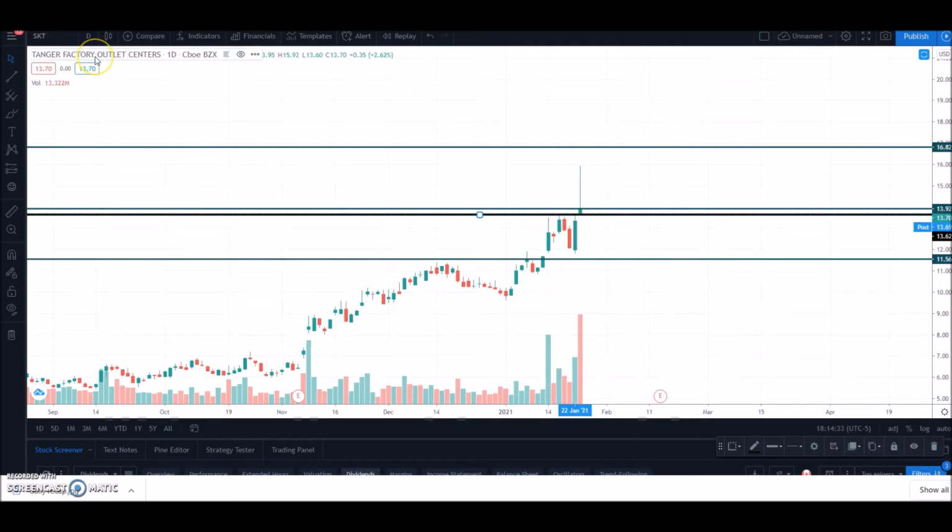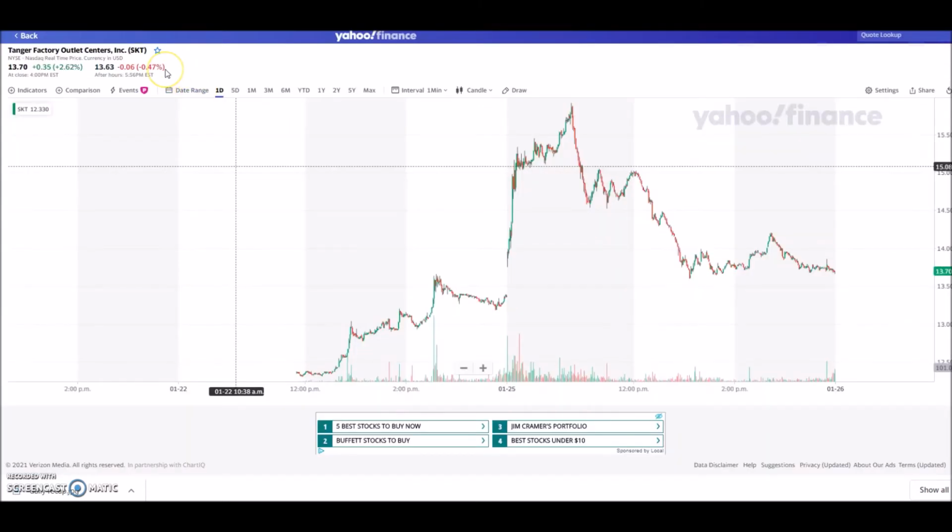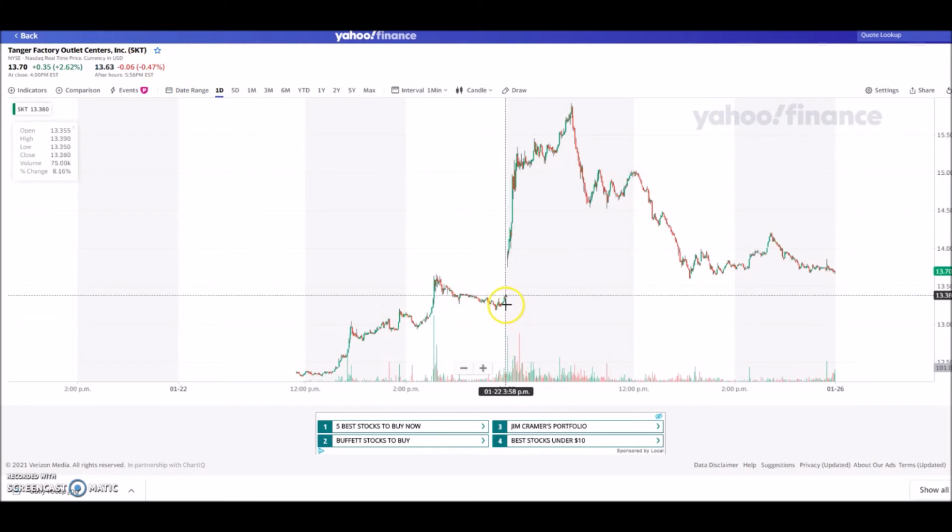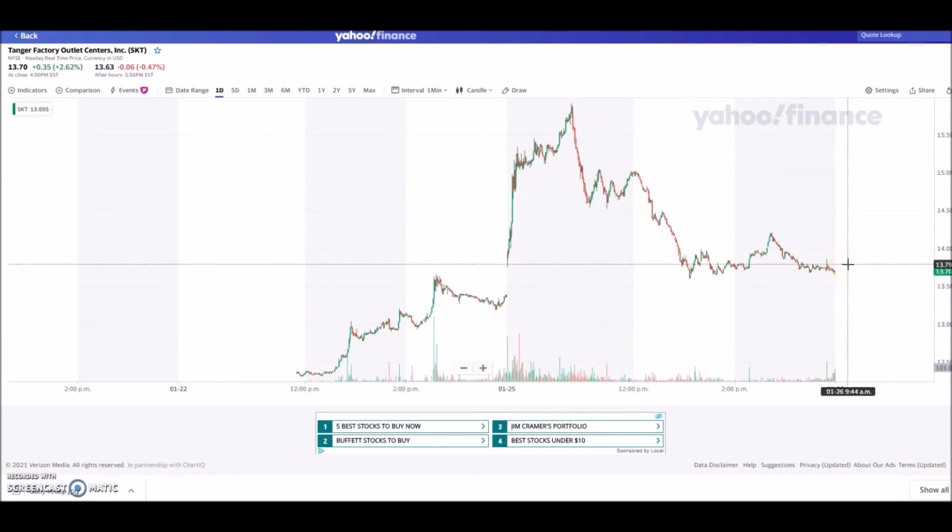So already there was a run up, but the good thing is that stock came down, and in the after hours, I guess we are down just by 6 cents. You can see the run up today, a gap up, it went up, it came down. So we can still play that particular stock, and you can see how the stock is maintaining this 13.66 line. It was previous resistance, now it becomes support. So currently the stock is sitting on the support.